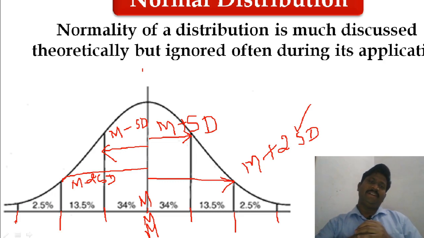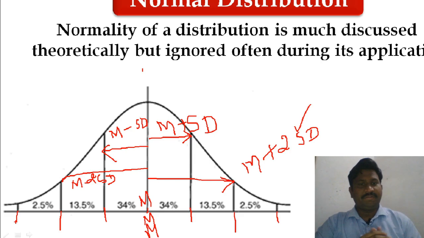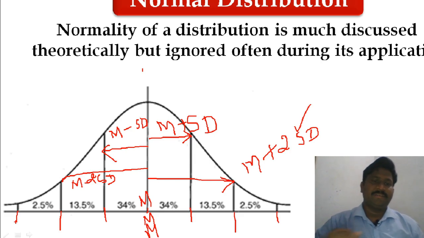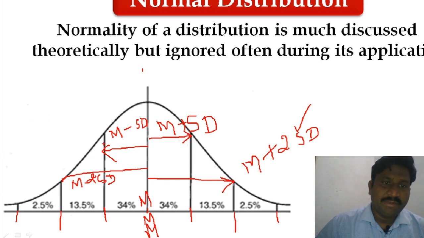If we know the distribution of the data is normal, then we can say many things for sure. We can say 68% of cases lie between mean minus SD and mean plus SD, because we know normally distributed data has this property. So we should test the distribution first.